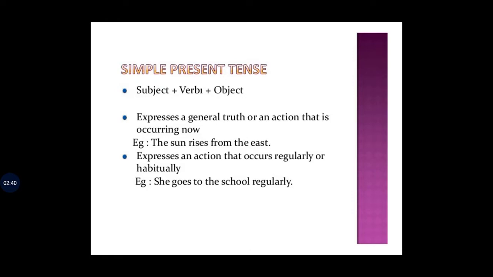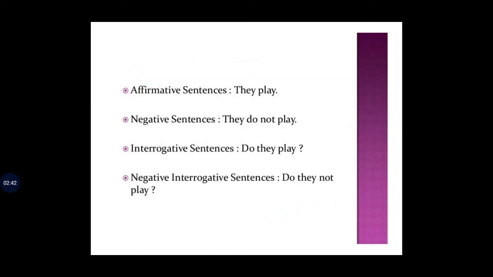Next slide, let's see. Affirmative. Okay, there are four types in simple present tense; we are going to see in detail. There are four types of framing sentences. First one, affirmative sentence. They play. You can add an object also: cricket. Negative sentences. They don't play cricket.